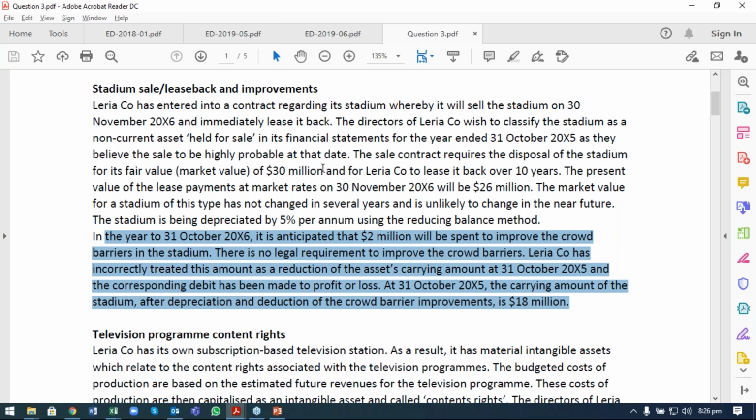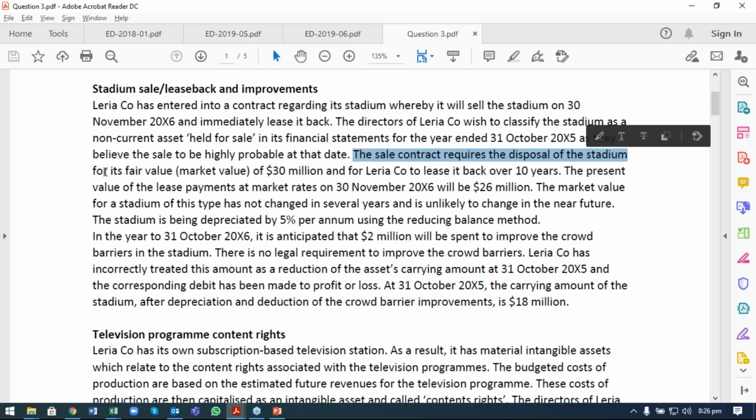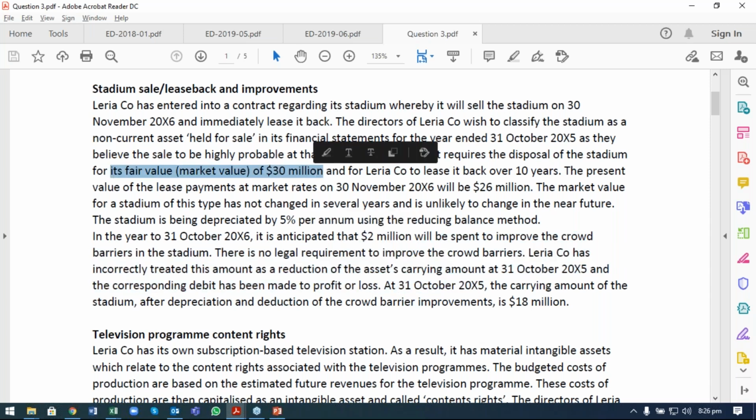Why 30 million? This is the fair value, and how you can identify held for sale on 30th of October. The sale contract required the disposal of the stadium for its fair value of 30 million. Right now, once you are entering into the contract on 31st October 2005, the market value of this asset is 30 million. But you are going to deliver the control of that asset on 30th November, more than a year in the future, right?